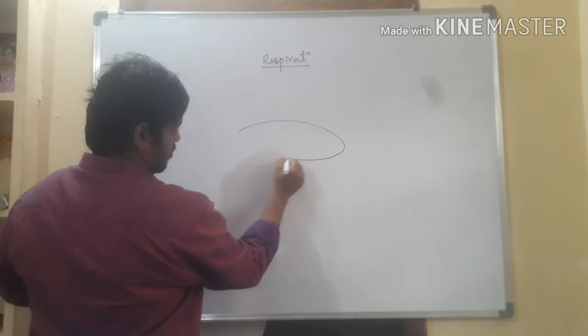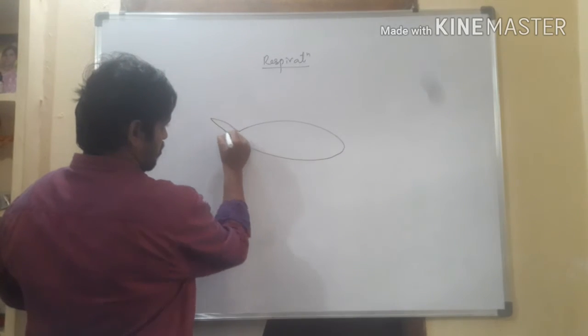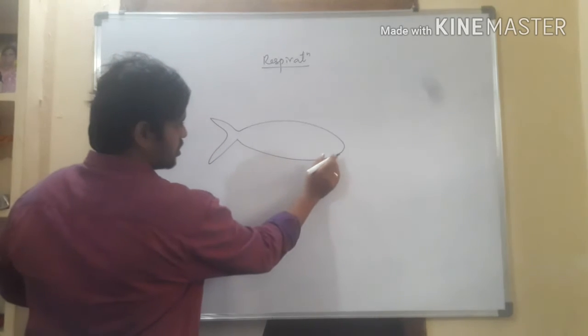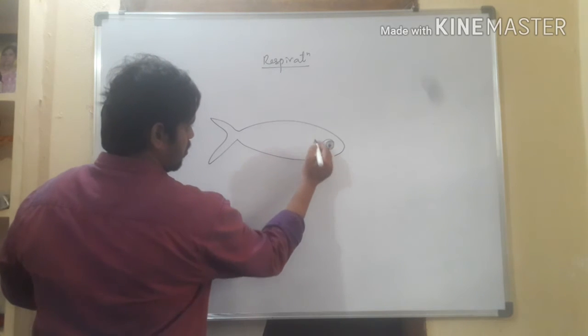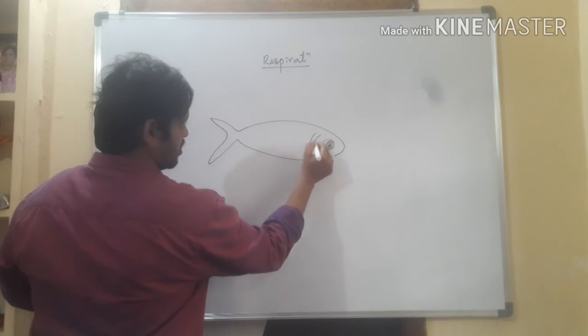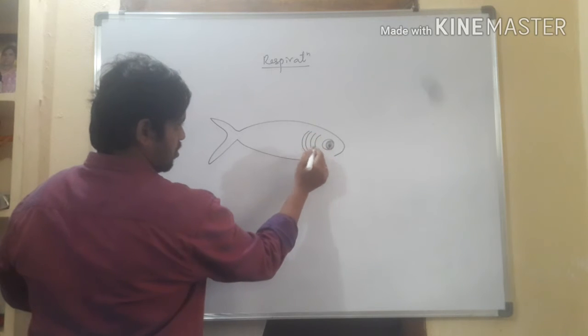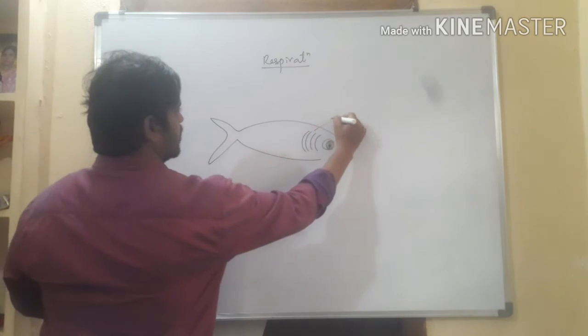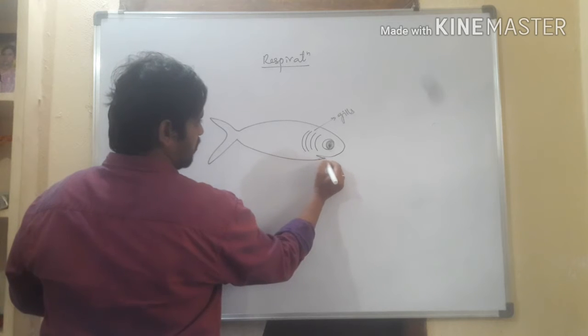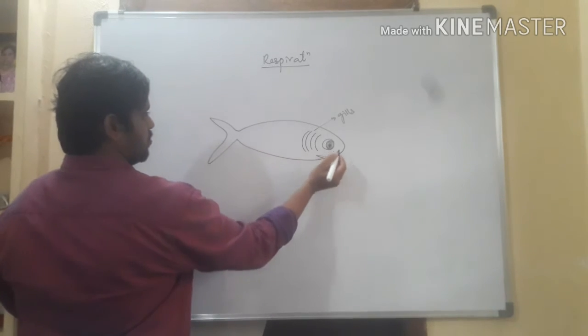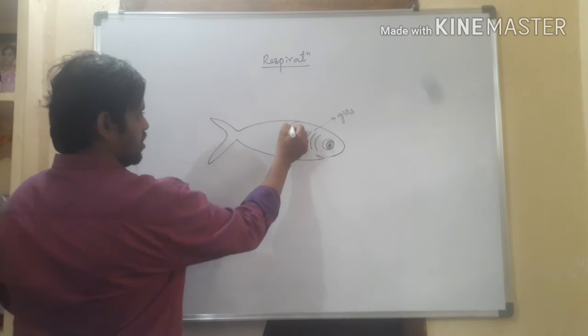Here it is the fish, and what are these structures here? Very good. These are called gills, and it is the mouth of the fish.